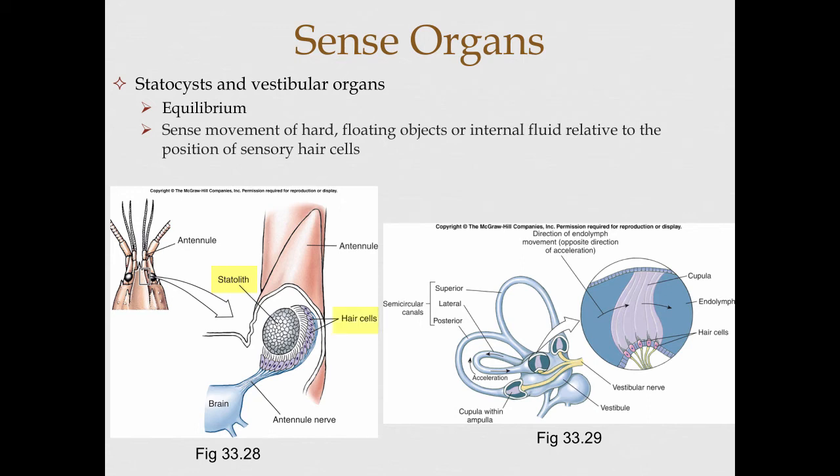So here you can see in the head of a crustacean, we have this statolith, which lith refers to a rock-like structure, and stato refers to some equilibrium type mechanism. So this is floating in a fluid, and the direction of gravity is sensed as this sinks and touches specific hair cells. So it tells the direction of gravity.